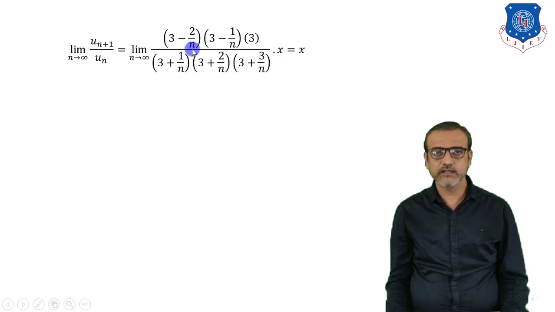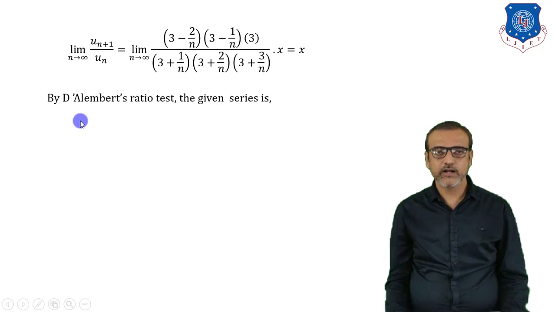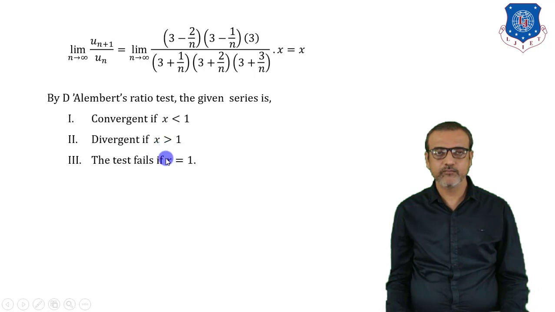So this is 3 into 3 into 3, which is 27, and in the denominator again 3 into 3 into 3, which is 27, so 27 by 27 is 1, and 1 into x is x. Now by D'Alembert's ratio test, the given series is convergent if x is less than 1, divergent if x is greater than 1, and the test fails if x equals 1.